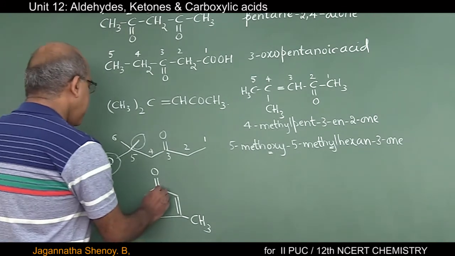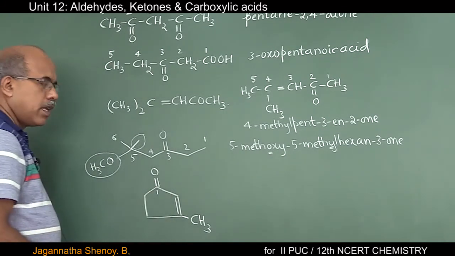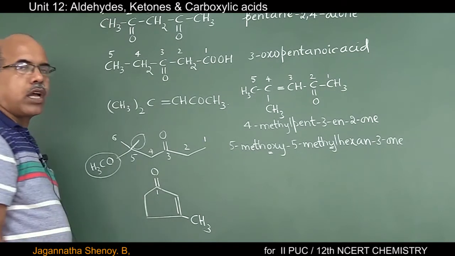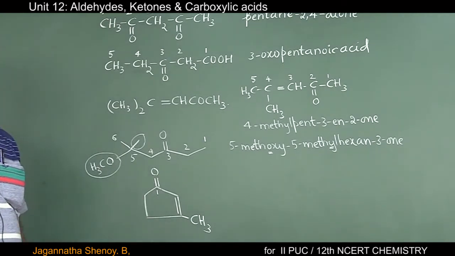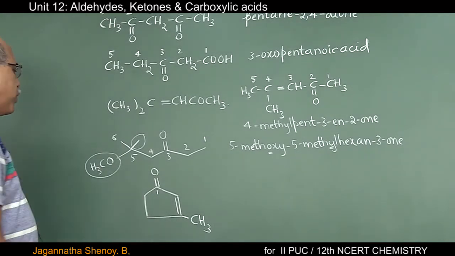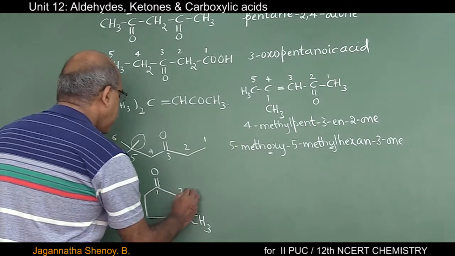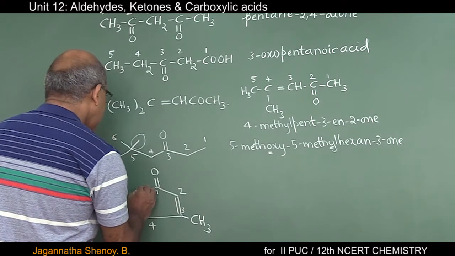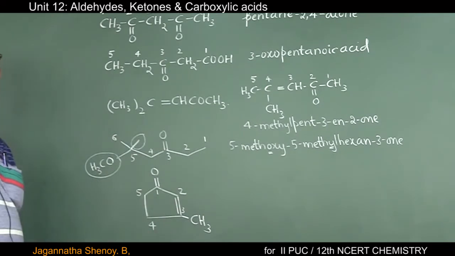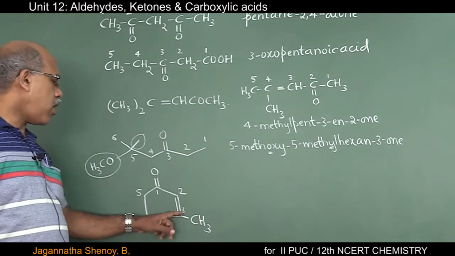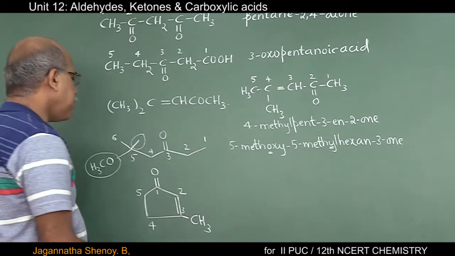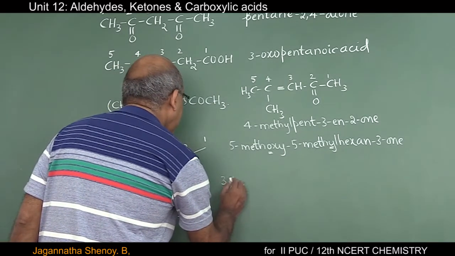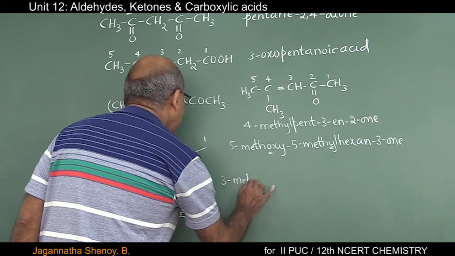So I'll start numbering like this 1, and then I'll move in the clockwise direction to satisfy lowest sum rule. So this has to be carbon atom number 2. So this is 3 and we have 4. This is 5. Now it is very clear on the 3rd carbon atom we have a methyl group. So it is a 3-methyl.